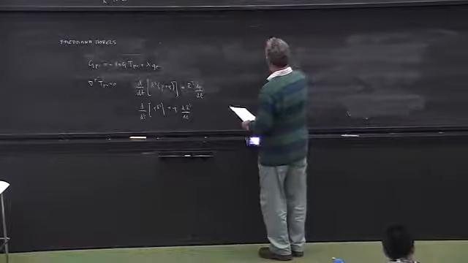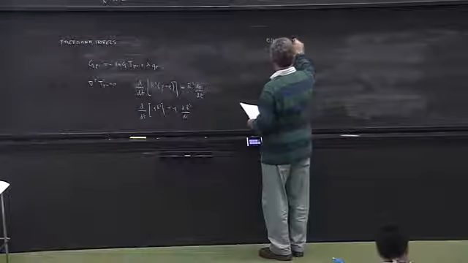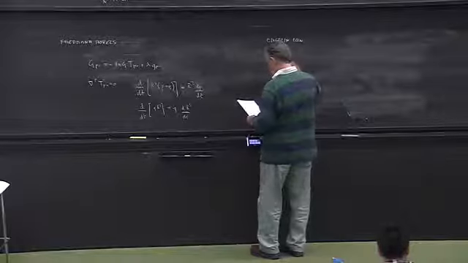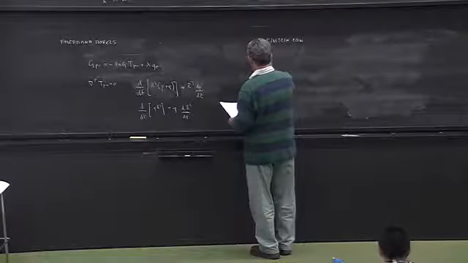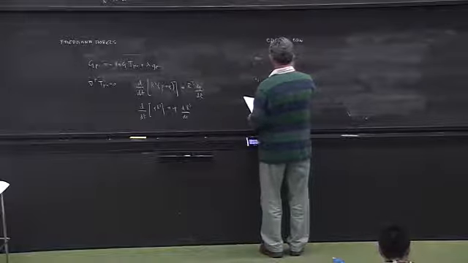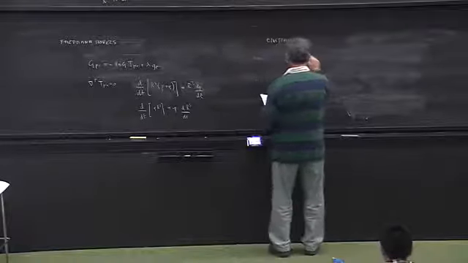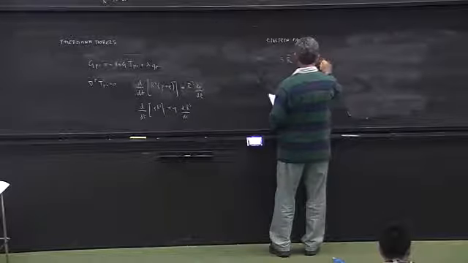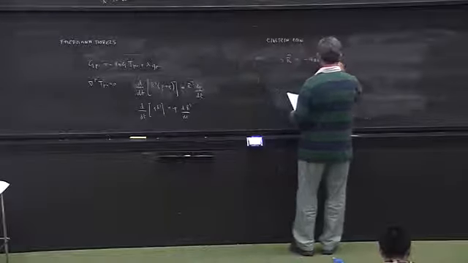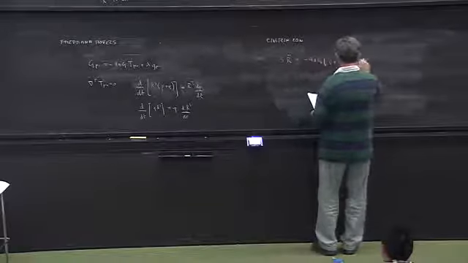Now we put in the Einstein equation, the naught equation and the ij equation. The naught equation says 3r double dot is minus 4 pi g (rho plus 3p) r plus lambda r.